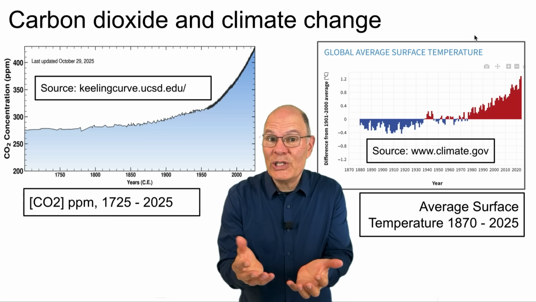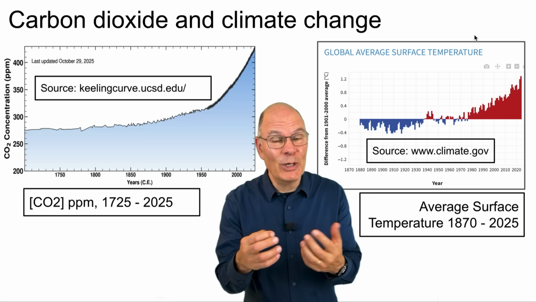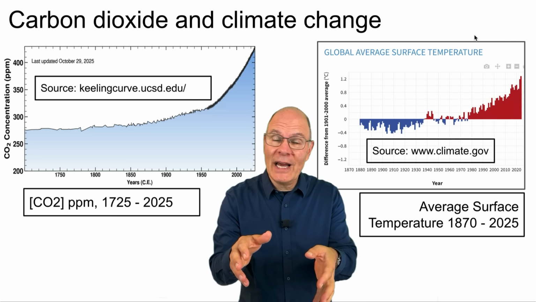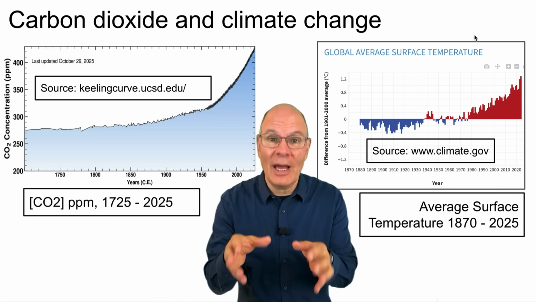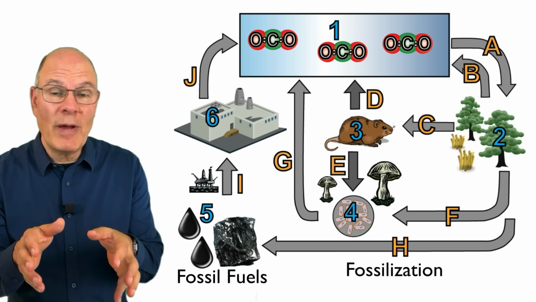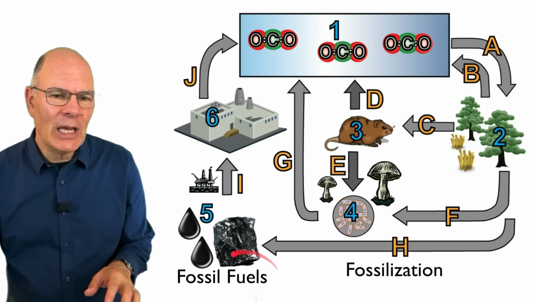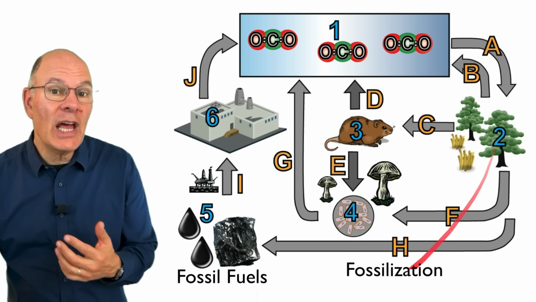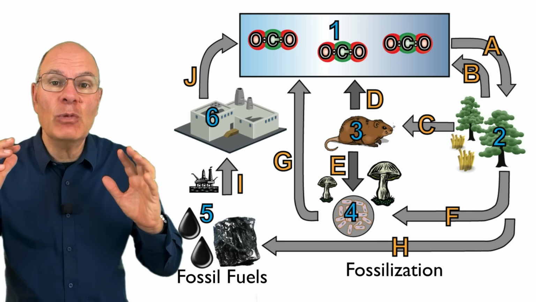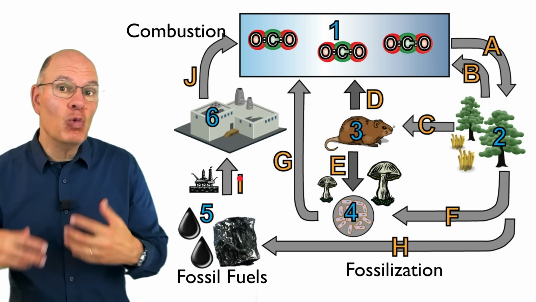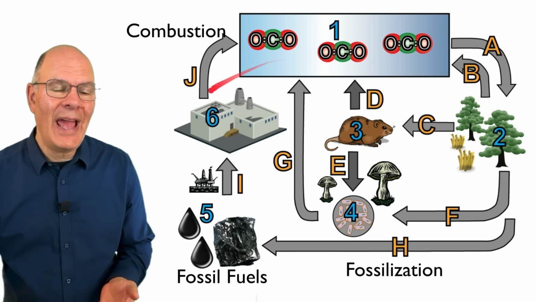To end this discussion of ecosystem disruption, I want to talk about the biggest disruption of them all, which is carbon dioxide and global climate change. Since the Industrial Revolution, which began about 1800, humans have been taking all of this fossilized carbon that was essentially removed from the carbon cycle and combusting it, re-releasing it into the atmosphere.